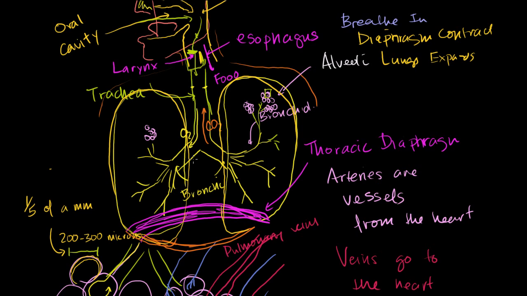We have less pressure here than we have outside, or you can view it as negative pressure. Air always wants to go from high pressure to low pressure, and so air is going to flow into our lungs. Hopefully there will be some oxygen there that can go into our alveoli and then end up in our arteries and then go back in the veins as oxygen attached to hemoglobin. I'll talk more about that in detail.